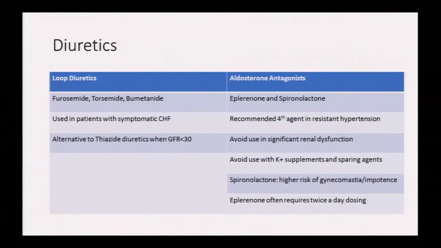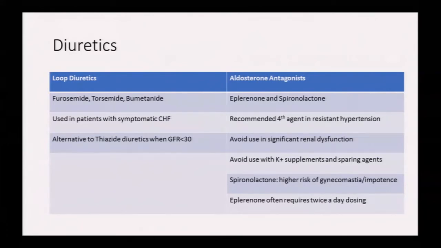Usually we use them in patients with symptomatic heart failure to try to reduce the volume overload. They're also used as an antihypertensive medication, and if the patient's GFR is below 30 and we shouldn't be using thiazide anymore, they could be an alternative to thiazides in this case.